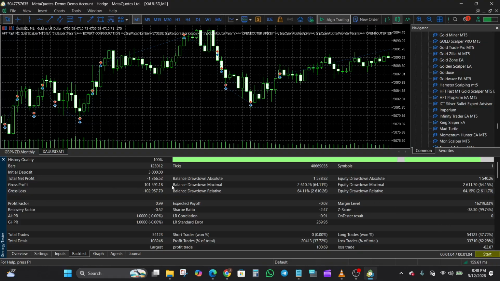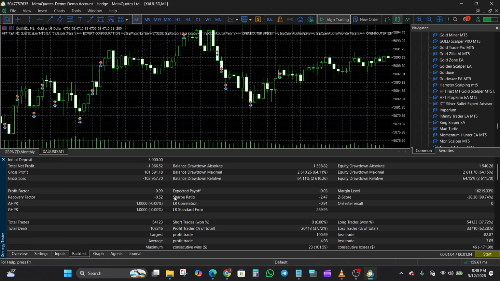But as always, even with advanced automation and AI-based functionality, live results can still vary heavily depending on broker conditions, spreads, slippage, optimization choices, and overall market behavior. So before considering live deployment, I'd strongly recommend spending time testing everything carefully in a demo environment first and reviewing how the EA performs under your own trading conditions.